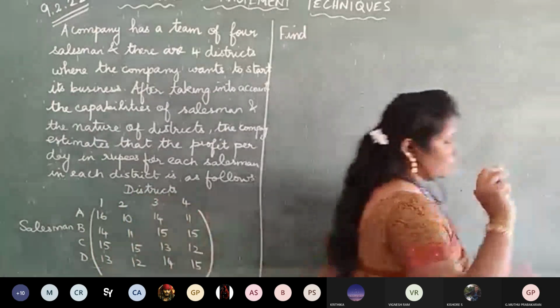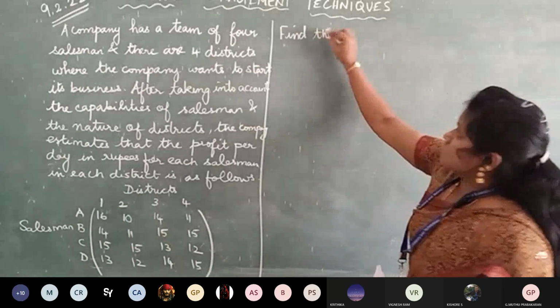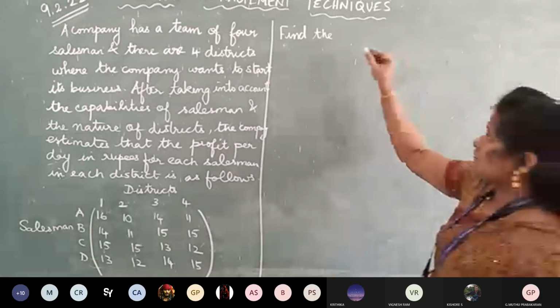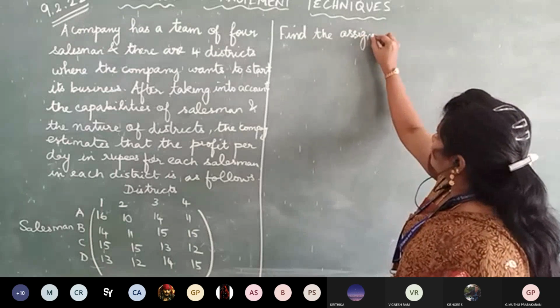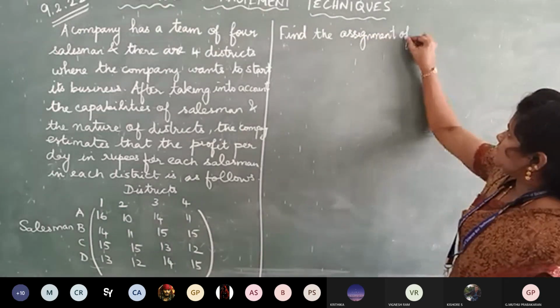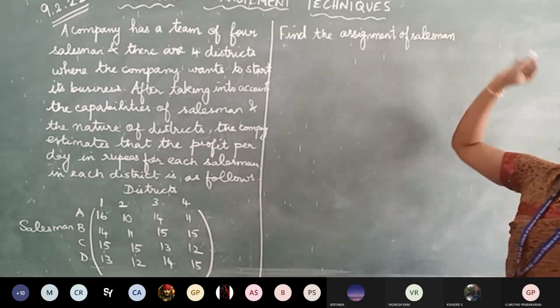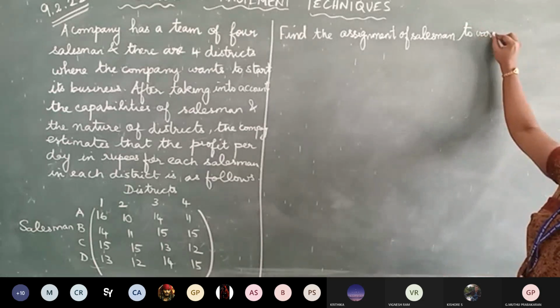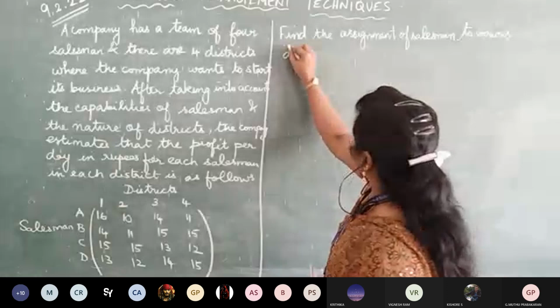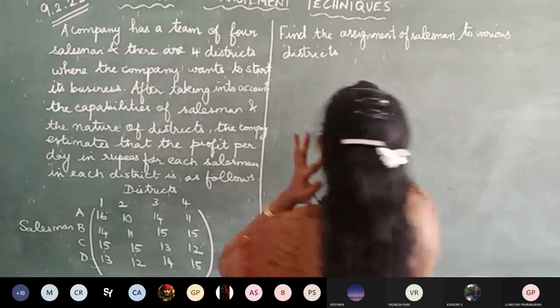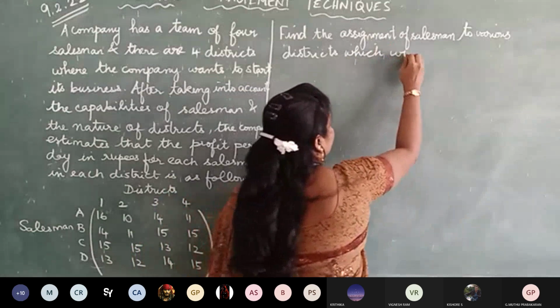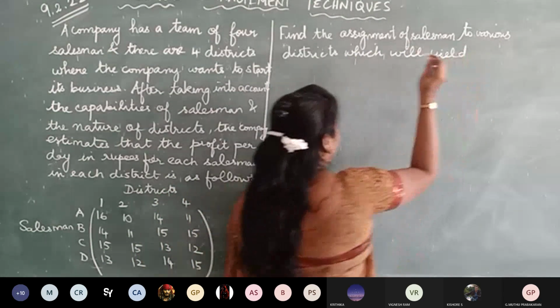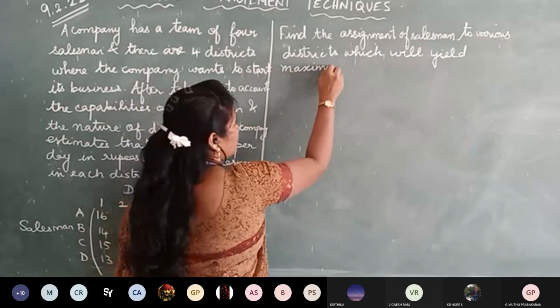You have to find the assignment of salesmen to various districts which will yield maximum profit. So here you're going to find out your maximum profit.